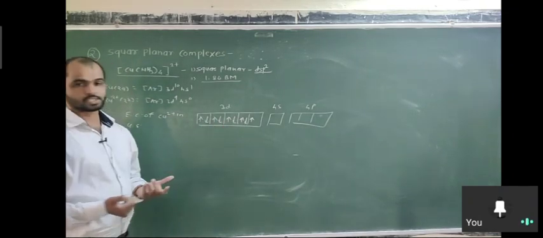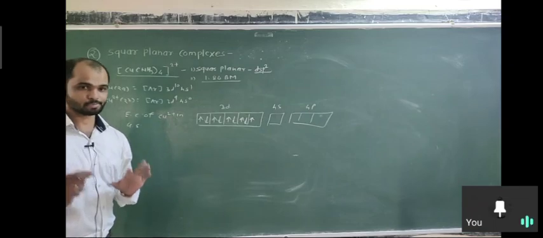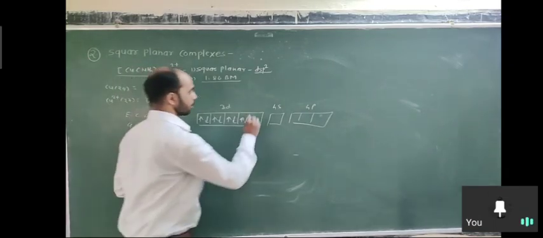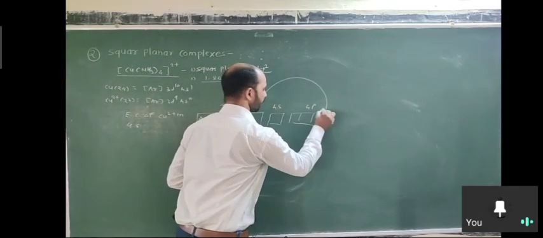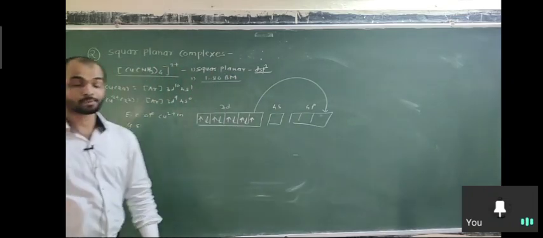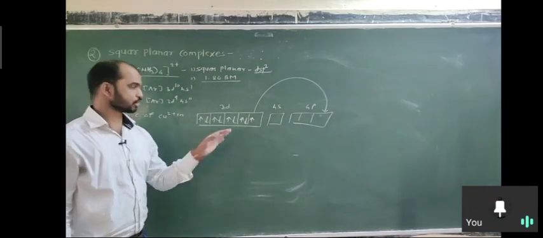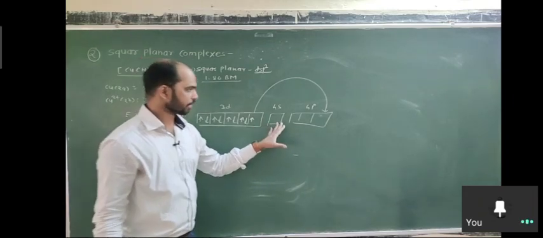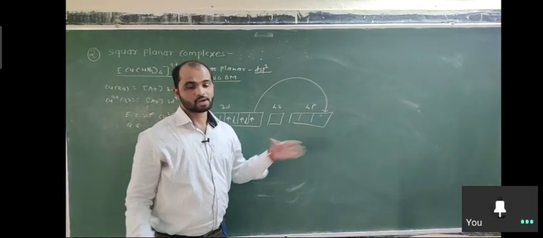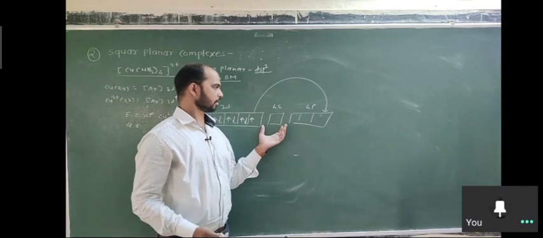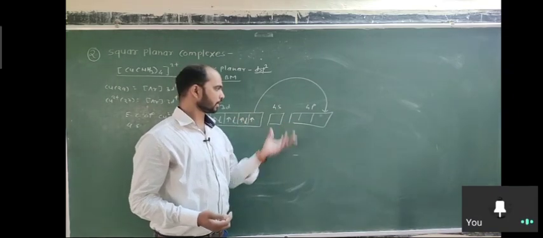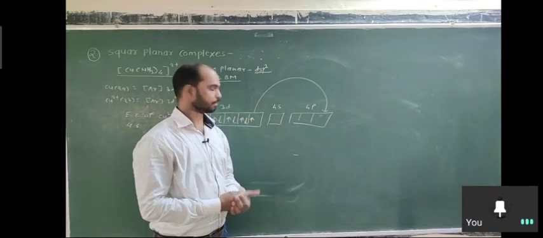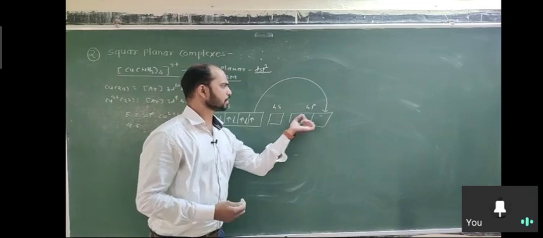So VBT tries to explain, and how does VBT try to explain? VBT promotes this electron here. If there is no promotion of this electron, that means only 4s and 4p are available, and using these, the predicted hybridization is sp3.